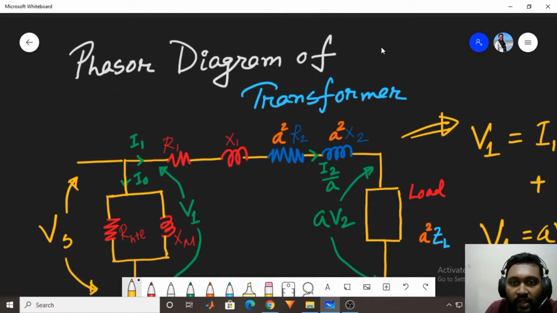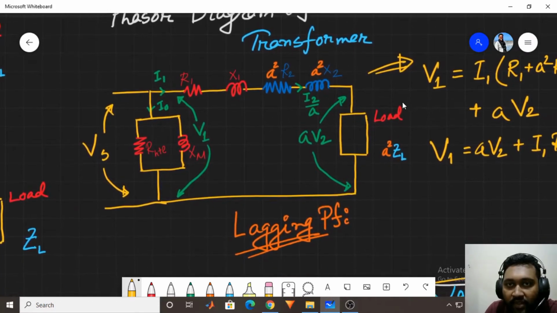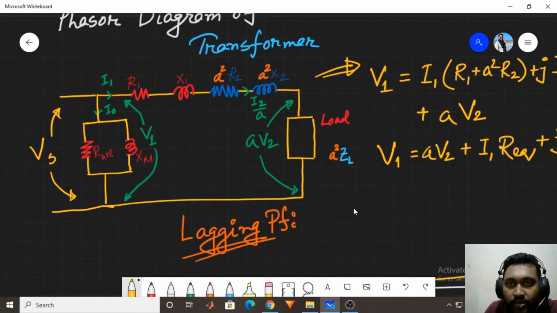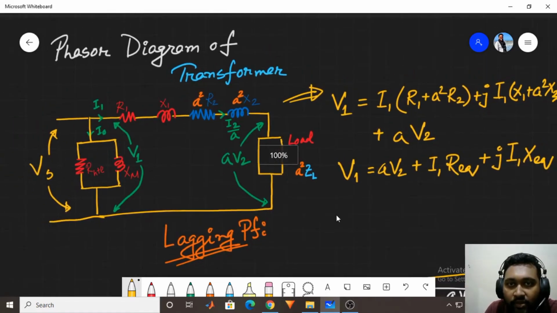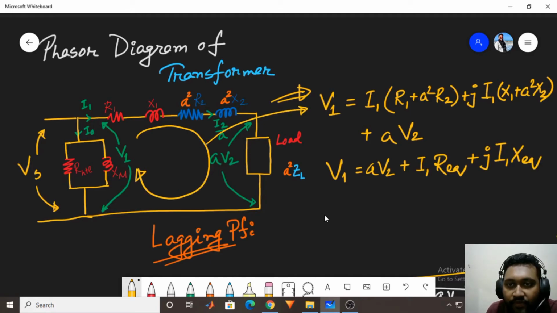Now we need to discuss the phasor diagram of transformers. So here is our equivalent circuit, which is referred to high voltage side. Now if we use a simple KVL on this side, we get this equation, where V1 is equal to I1, you get it.